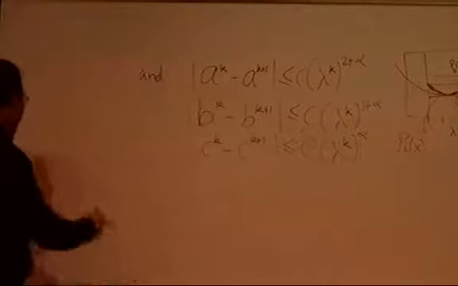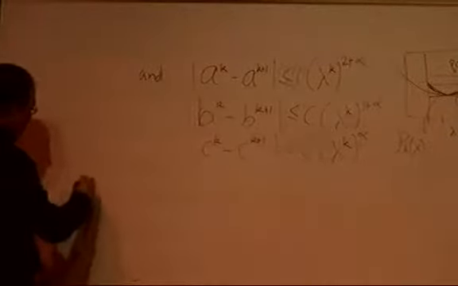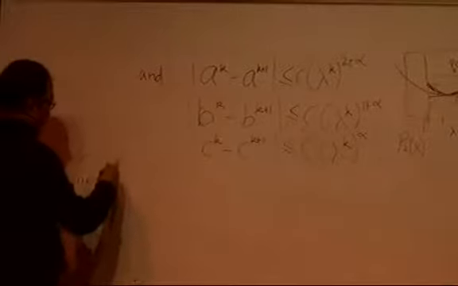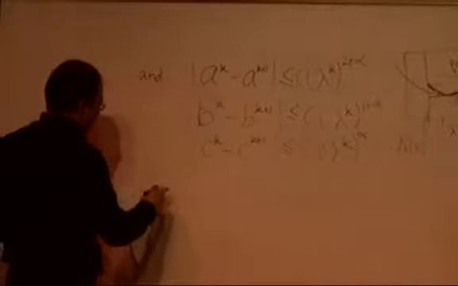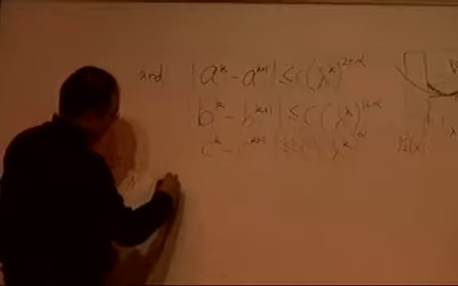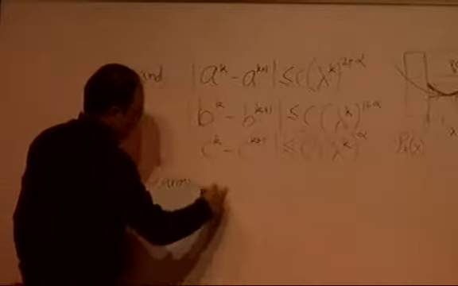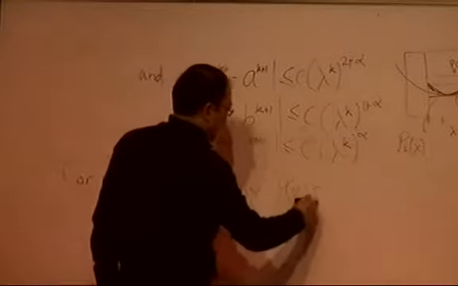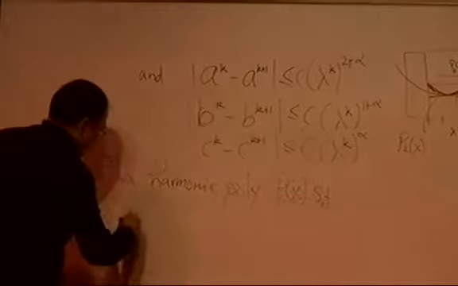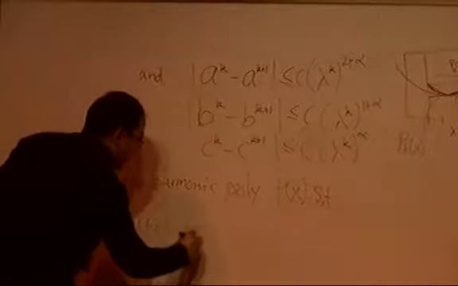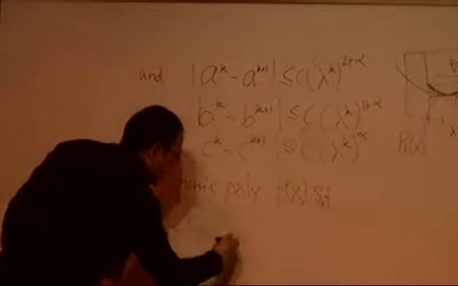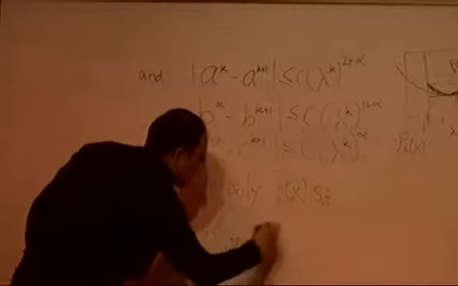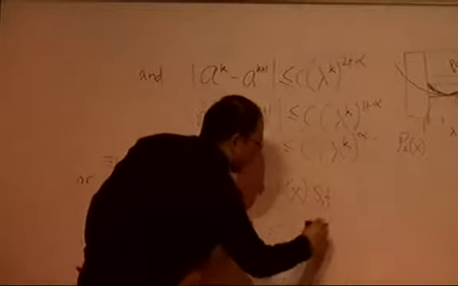And if this is true, then what we're going to have is a corollary: there is a harmonic polynomial p of x such that the sup norm of u of x minus p of x in B_r is less than C r to the 2 plus alpha.